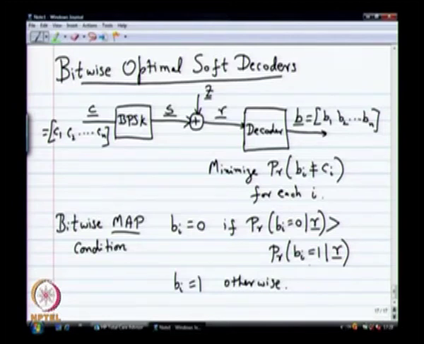So now you know that the probability that Bi equals 1 will be what? 1 minus the probability that Bi is 0 given r. So you can in fact only compute the left hand side and figure out if this will be greater, okay. So how do I do that? Let me see that.